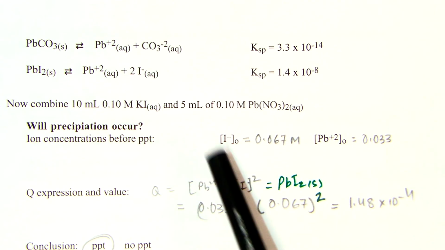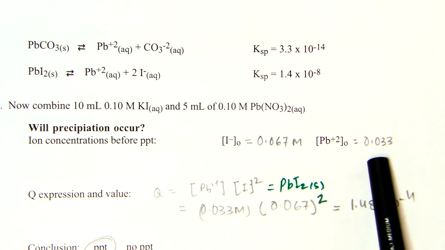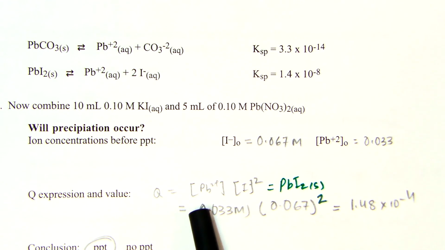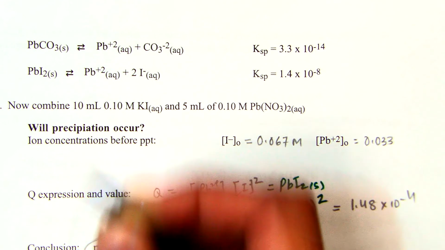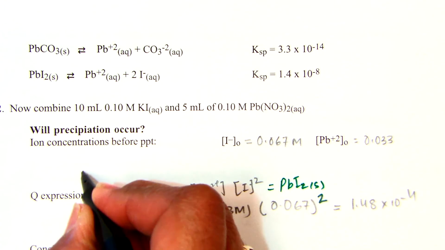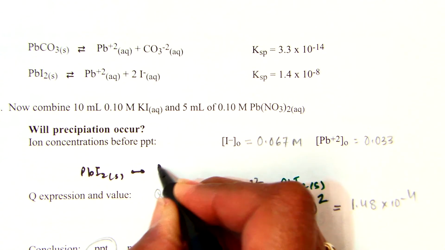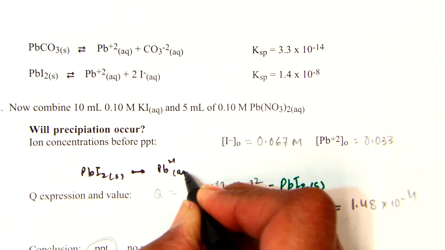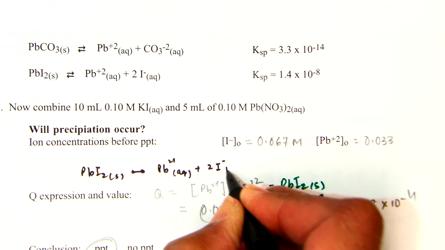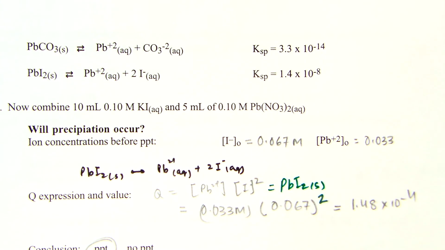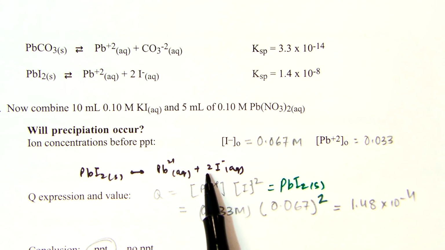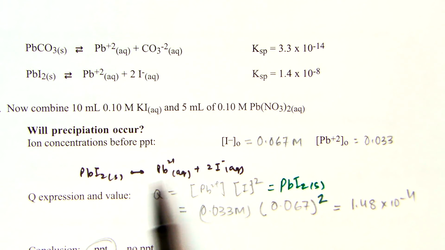The Q expression will come from the K expression, which is PbI2 solid creating an equilibrium between lead ion and 2 iodide ions. How this expression is different from the previous one is there are 2 iodides formed per PbI2. So when X of this dissolves, X of this and 2X of this is formed, right?